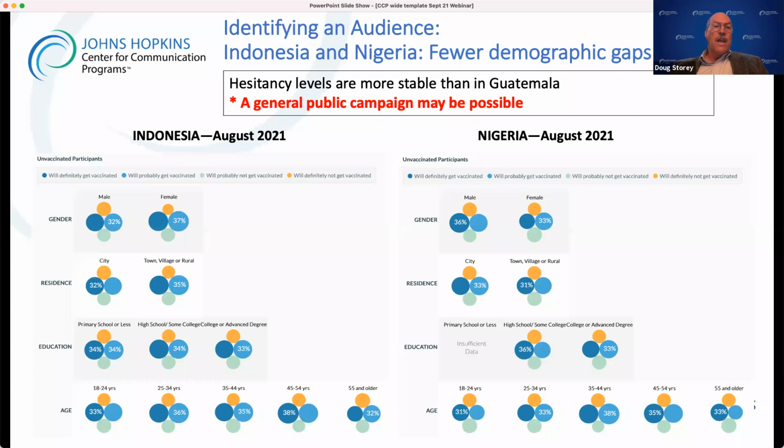We also find that the hesitancy levels are a little more stable than they were in Guatemala, if we look at that trend line. But what this suggests is the possibility that a more general public communication campaign may be possible in countries like Indonesia and Nigeria, where we find fewer striking demographic differences across age groups, across gender, residence, and levels of education. Next slide, please.